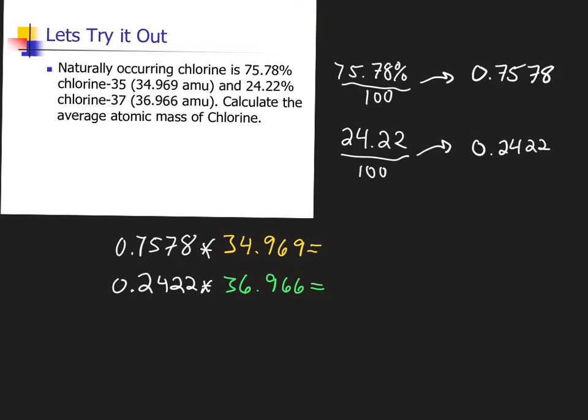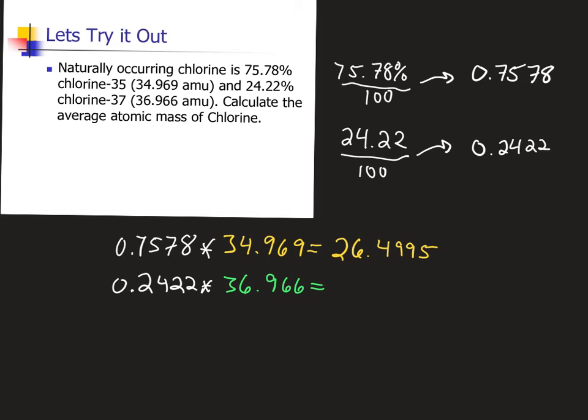Now, here comes why I do it this way: when I take my handy dandy calculator and I multiply 0.7578 times 34.969, I get an answer of 26.4995. We'll go 4 decimal places.